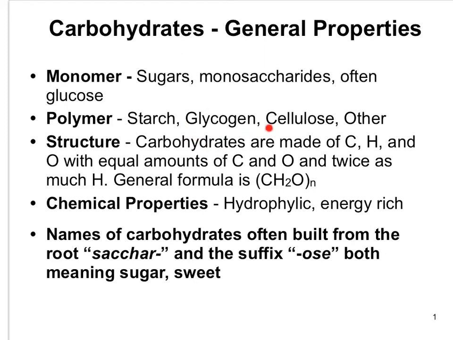Glycogen, which is used mostly by animals, is also a polymer of glucose. Cellulose, this is the material that makes up the cell walls of plants. So that means that it's basically what wood is made out of. That is also a polymer of glucose.